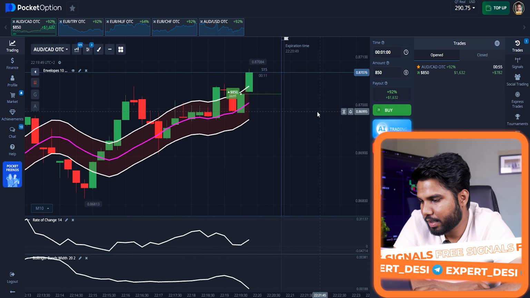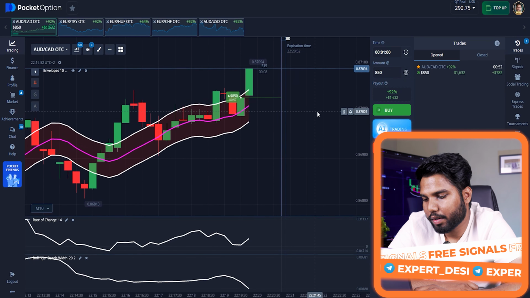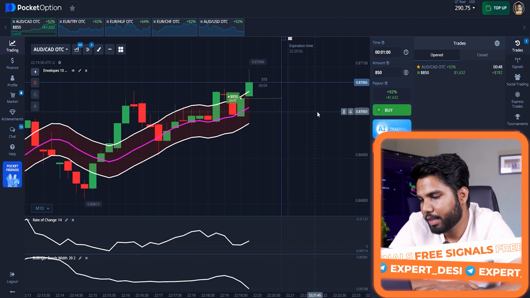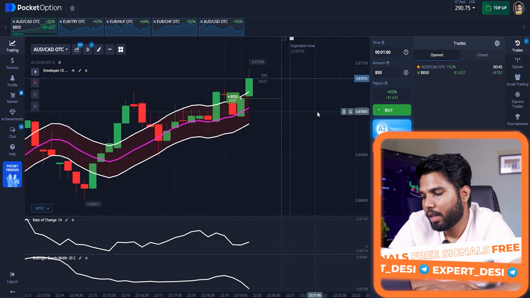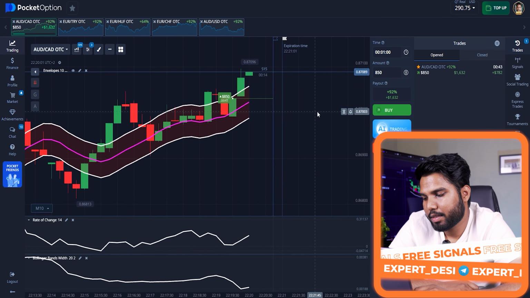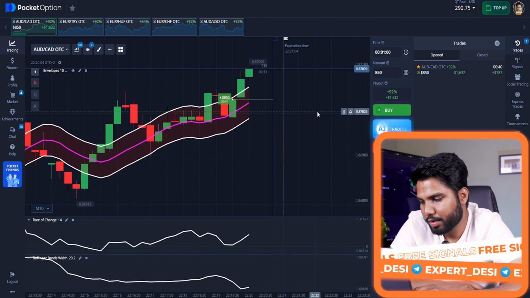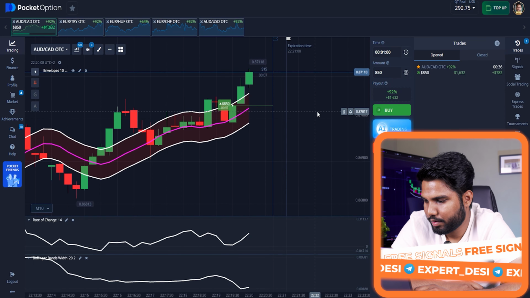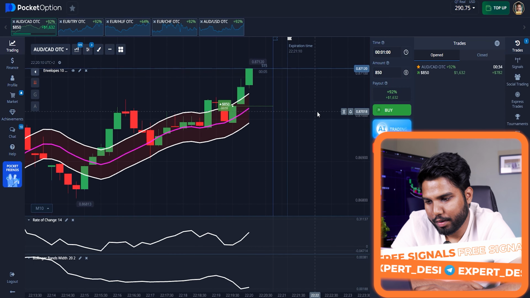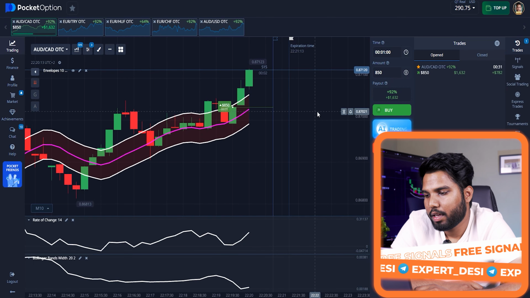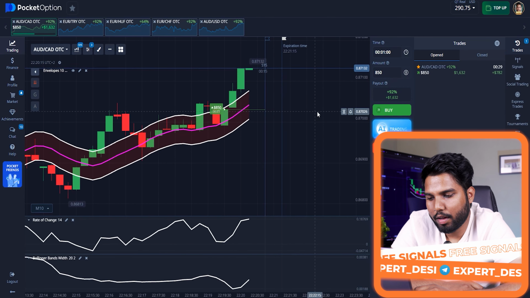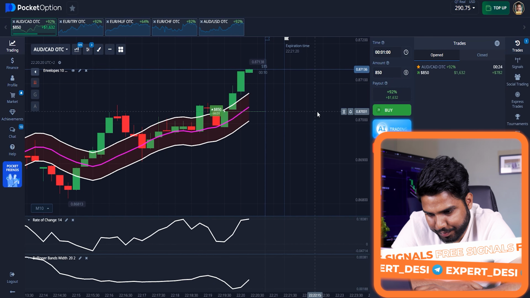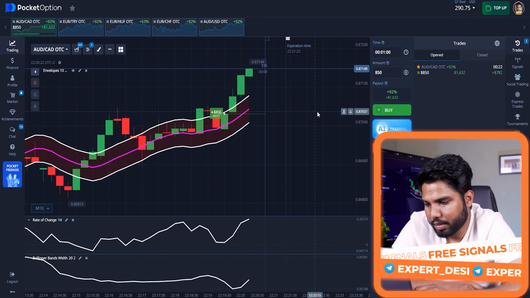As we can see, the market is growing, with the candles around the upper white line, so it means the market is going up. And we can also confirm the trend with the other indicators. First is the rate of change, which was very low, so it means the market was about to stay the same, and now we can see it's going up more, in the positive value.